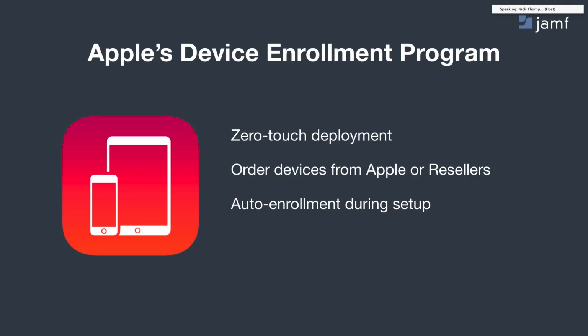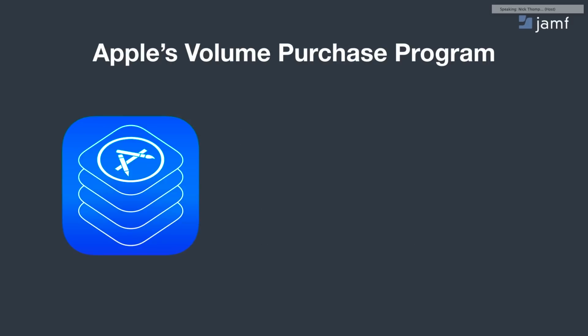And if you have previous purchases, you can actually roll back purchases or assign purchases to your device enrollment program dating all the way back from March of 2011, provided that you've bought them with your Apple customer number.